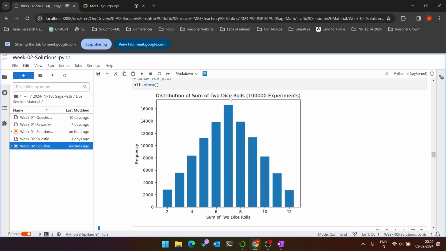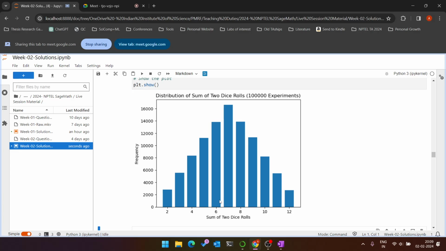If you want to see which sum is most likely, you can see that the sum of 7 is the most likely sum. This is because two dice can be summed up to 7 in the most number of ways: 1 and 6, 2 and 5, 3 and 4, 4 and 3, 5 and 2, and 6 and 1.